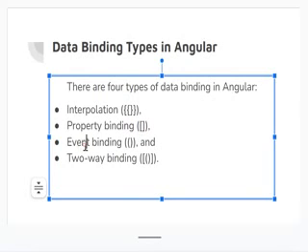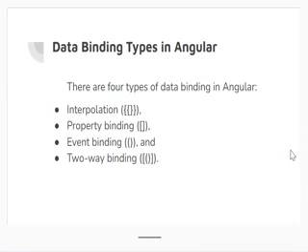In event binding, you have parentheses, and in two-way binding, you use ngModel, with square brackets and parentheses. So interpolation, property binding, event binding, and two-way binding. These are the 4 types of data binding in Angular. We can describe them in detail later in another question.